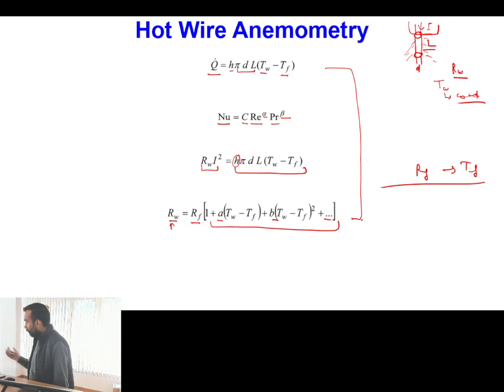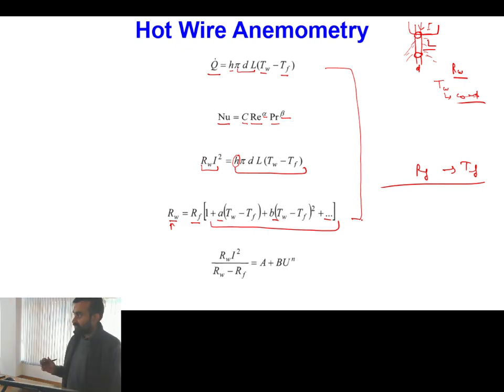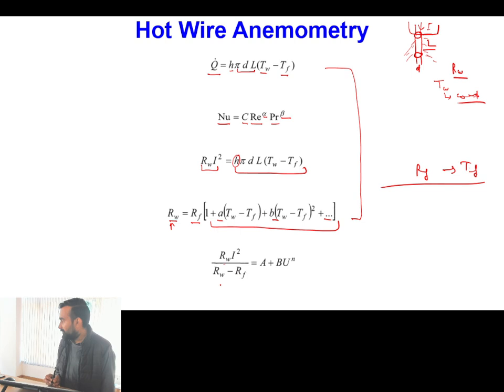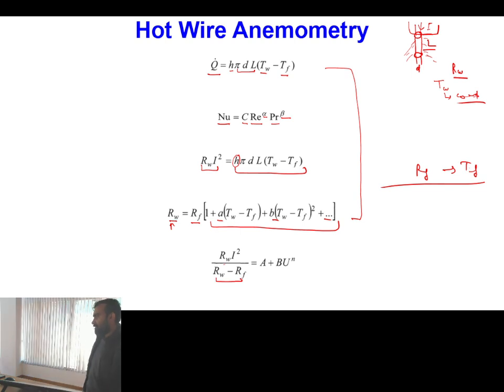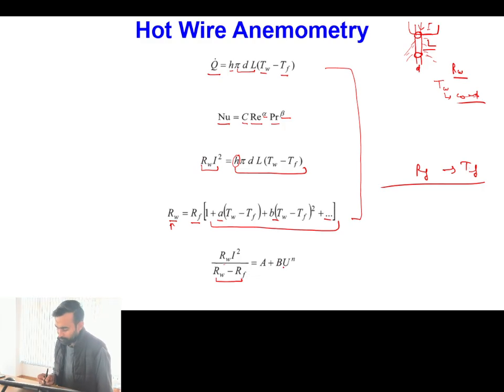To avoid this, one practical equation is given, which is in terms of Rw and I squared Rw, the input power, divided by the difference of the reference resistance and the wire resistance, and this is correlated with the flow velocity using the relation A plus B u power n.